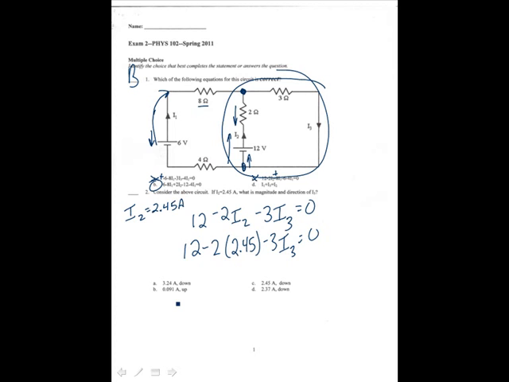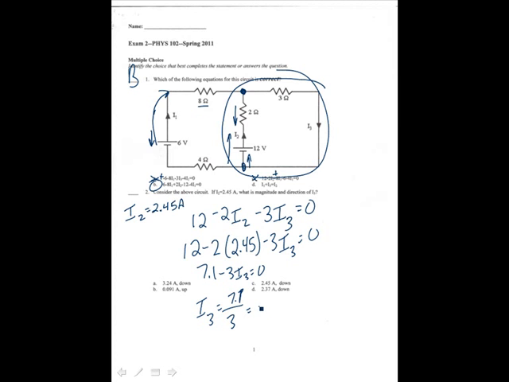12 minus 2 times 2.45 is 7.1. So I3 is 7.1 over 3, which I get 2.4 amps.